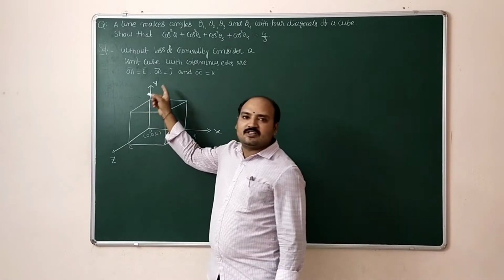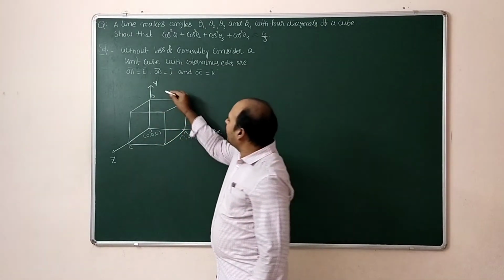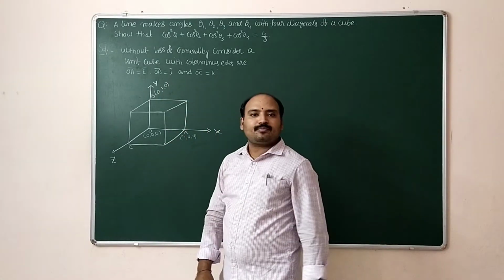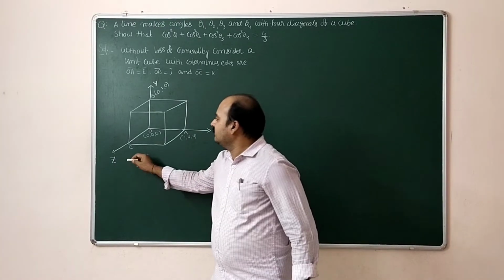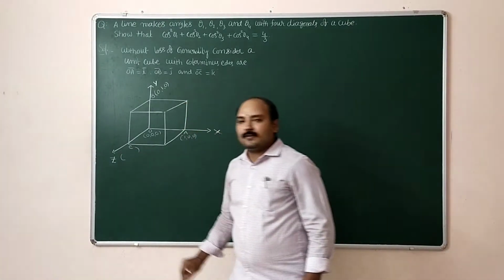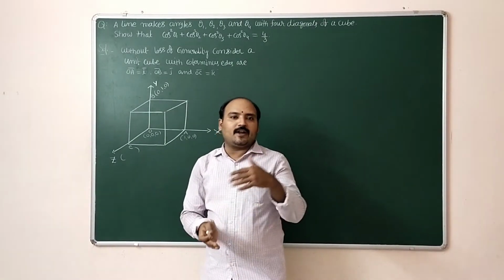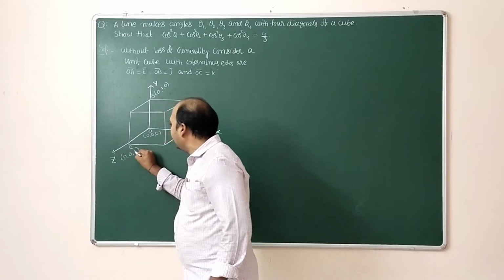Similarly, the point B which lies on the y-axis has x and z coordinates 0, so the point becomes 0, 1, 0. Next, the point which lies on the z-axis, except the z coordinate the remaining are zeros, so 0, 0, 1.